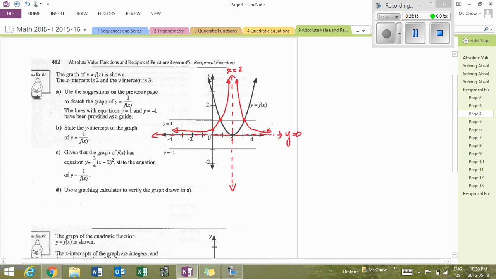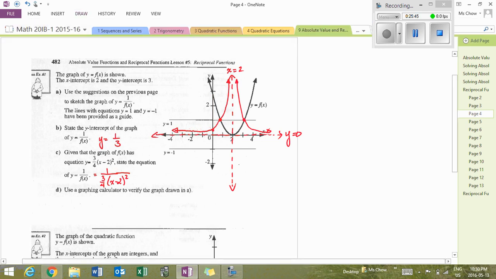So filling these in, what's after the fact? The y-intercept of the graph is going to be y is equal to 1/3 as well. If I'm looking for the equation, I know some of you would end up doing 1/3 times (x minus 2) squared, but that doesn't look too pretty with the fraction in the denominator there.